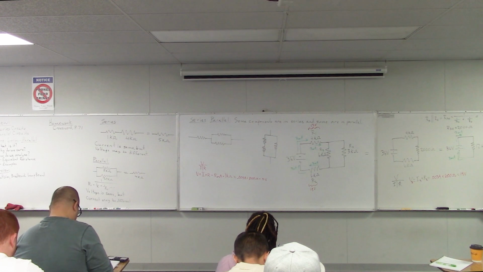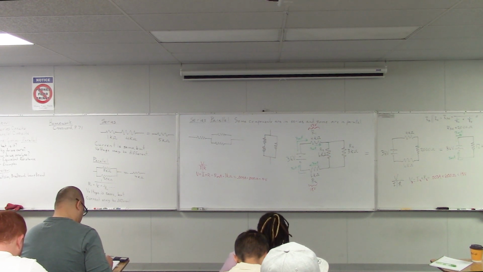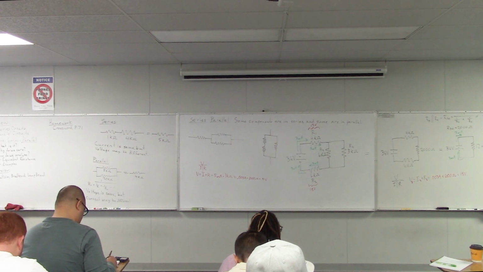So now there's a couple ways that we can go. So we figured out everything about R1 and R2. We just need to find the information about R3 and R4.